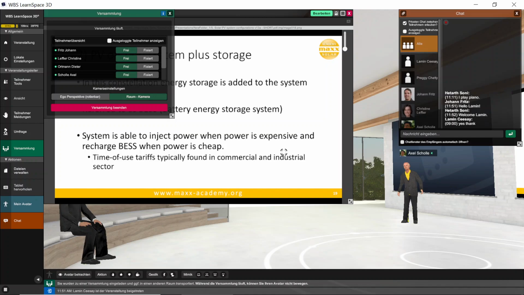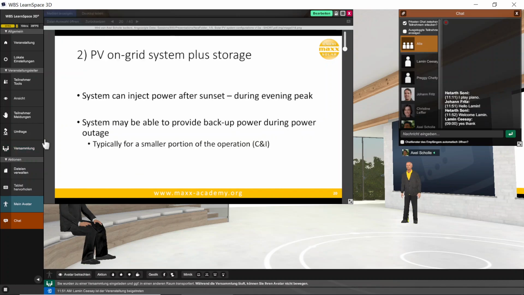That should not be a problem. Plus, you will always have a diesel generator that can kick in if the power cut is too long. So great, obviously, if you have some storage on site, you can feed power in during the evening peak, which is typically also more expensive. So that talks to the time of use tariff, and then, as I said, you can have the backup function.